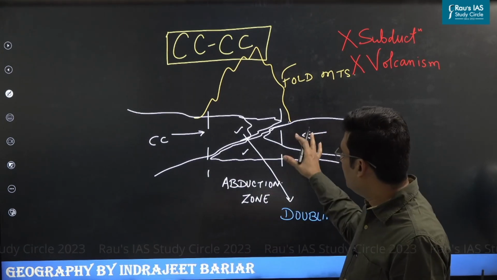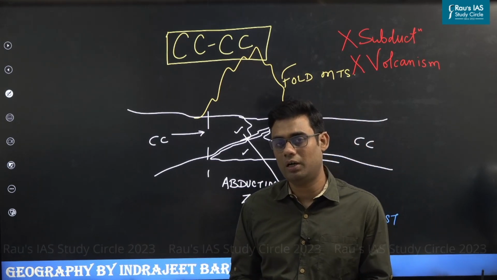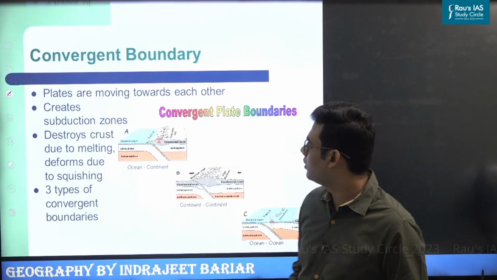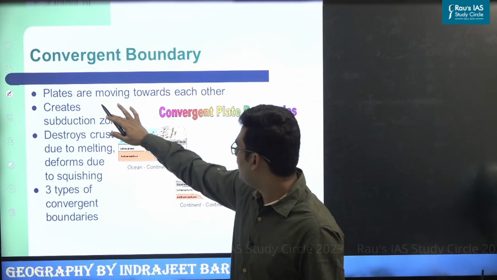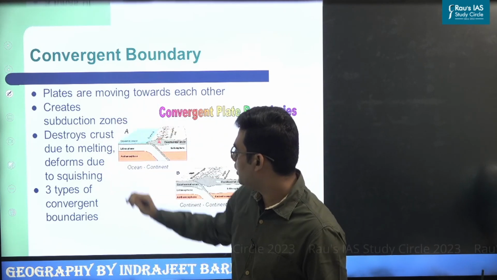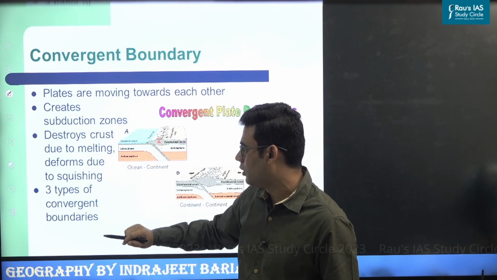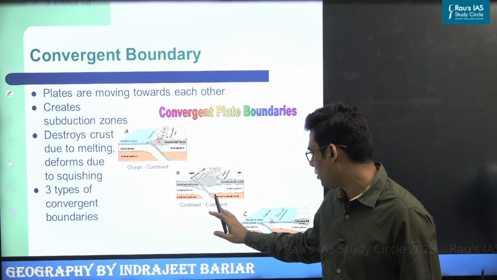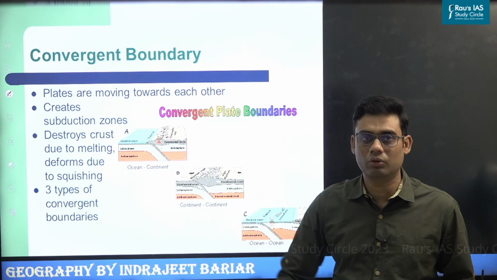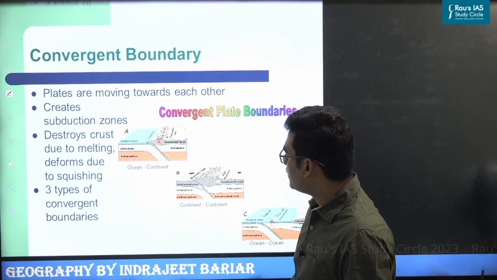These are the three basic types of convergent plate boundary interaction and what happens in each case. With convergent boundaries, plates are moving towards each other, creating subduction zones, destroying crust due to melting, and deforming. And there are three types of convergent boundaries: ocean-continent, continent-continent and ocean-ocean.